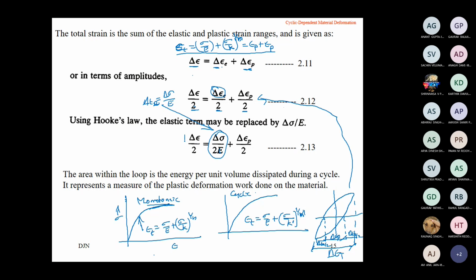This is the hysteresis equation, same as the Ramberg equation, same as the CSS equation, but the only difference is the hysteresis curve is expressed in terms of the stress and strain range. We relate stress and strain range in the hysteresis equation. Hysteresis loop is developed for stress strain ranges. So if you want to talk about half of the hysteresis, then it is the amplitudes, half of the range. Therefore, you can see the notation 2.